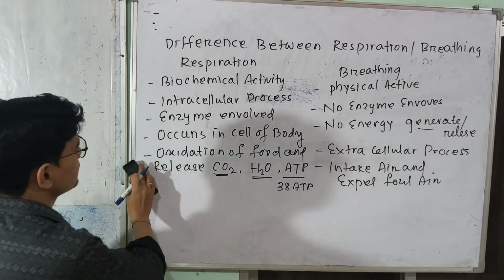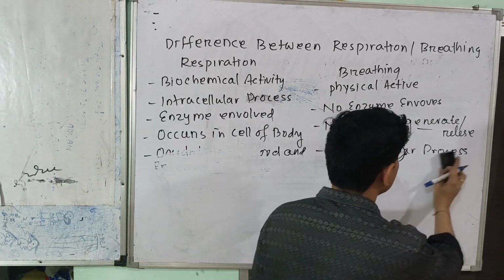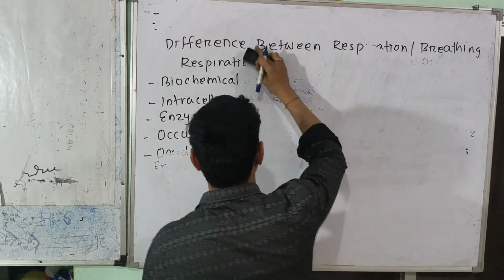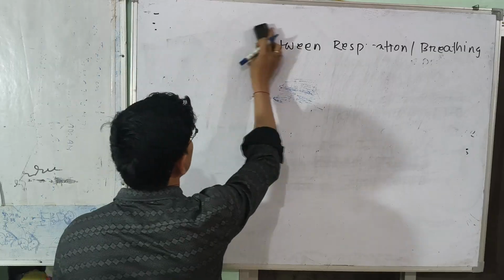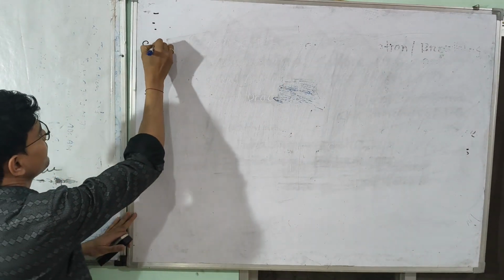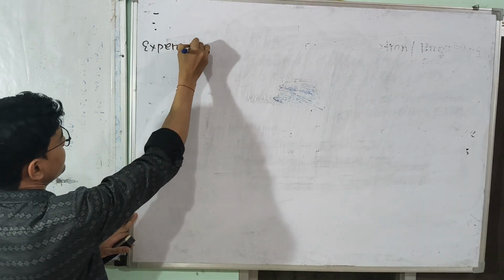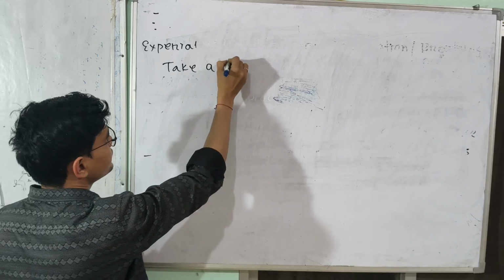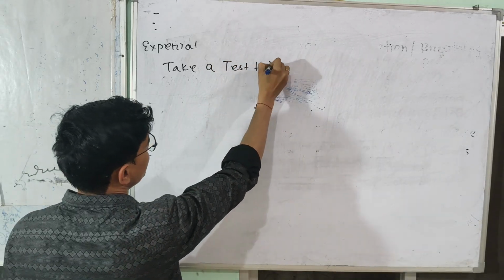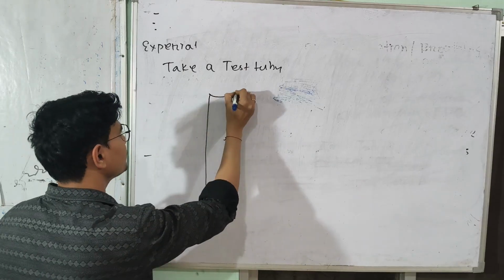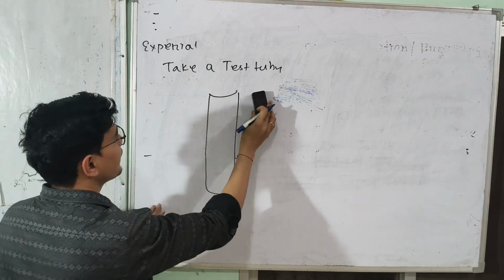Now we discuss one experiment: carbon dioxide reacting with lime water. We take a test tube, and the test tube contains lime water.